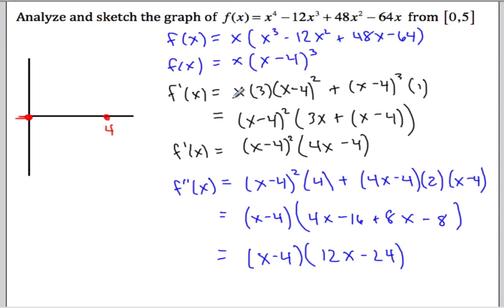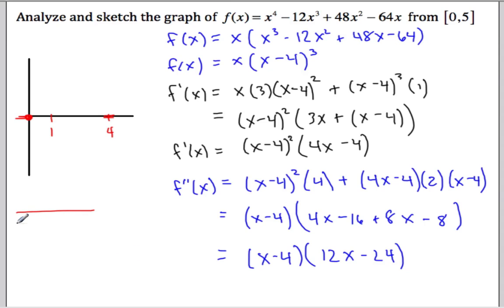Also, now let's do some increasing, decreasing. So there's a 0 slope at 1. If I plug in 1 here, I get 4 minus 4, which is 0. And there's also a 0 slope at 4. I don't know where the y-value is for the one at 1. We have to find that out later.